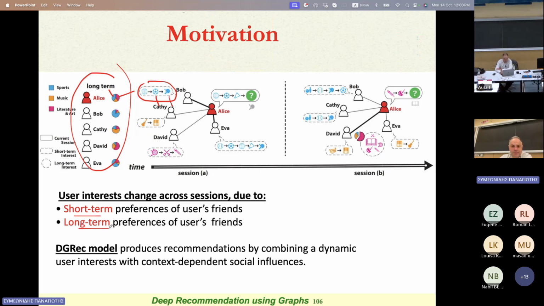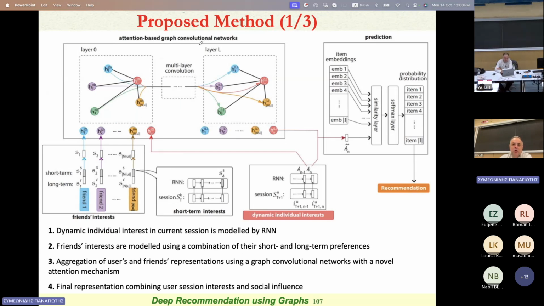Okay, so these are the two things that they want to express in their models. They use a convolution neural network. This convolution neural network convolves information for the target user by using the features of the nodes adjacent to the target user, okay, as we described it before. But also in their model, they want to take under consideration the short-term and the long-term preferences. That's why they are also using a recurrent neural network.